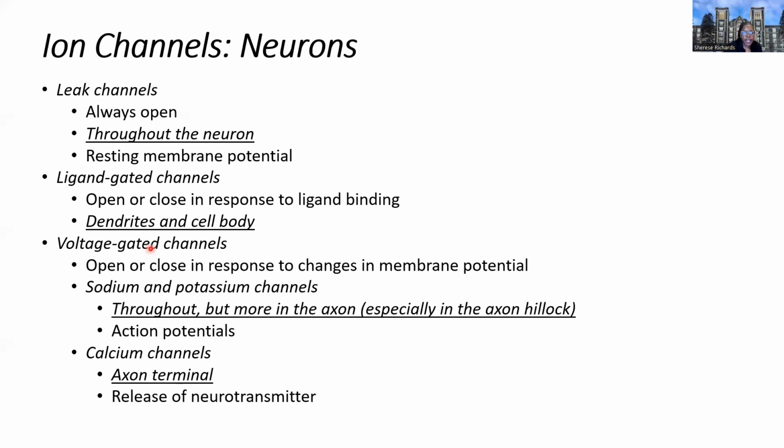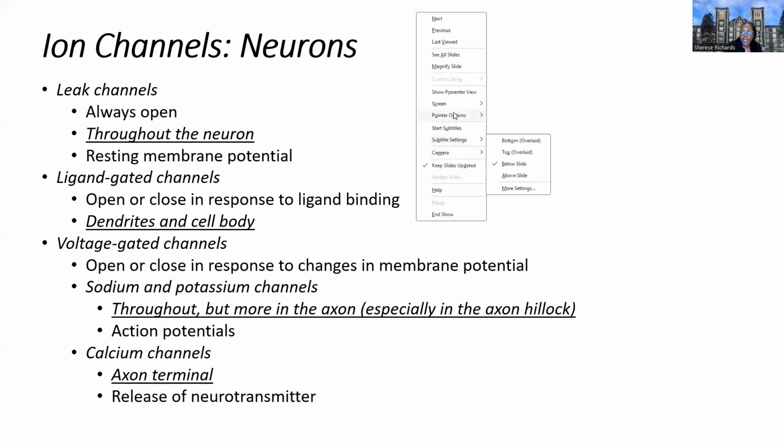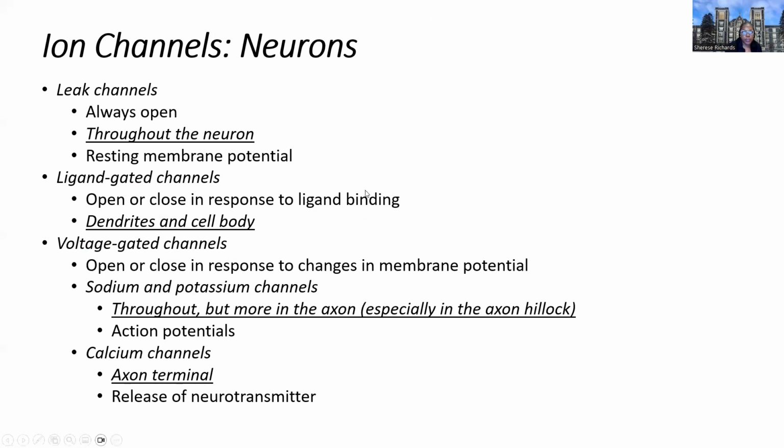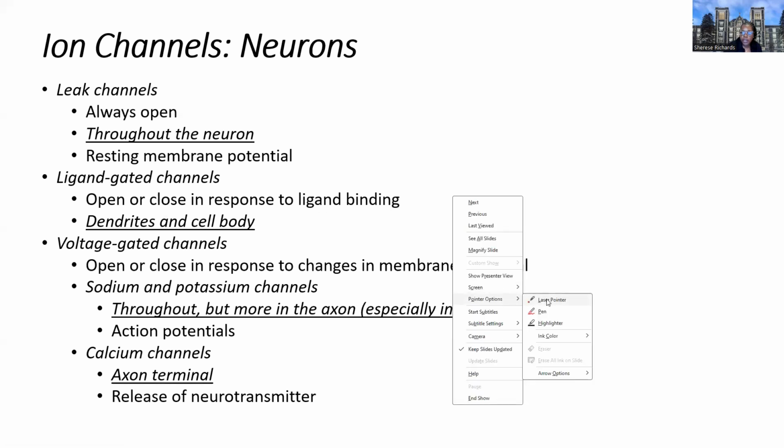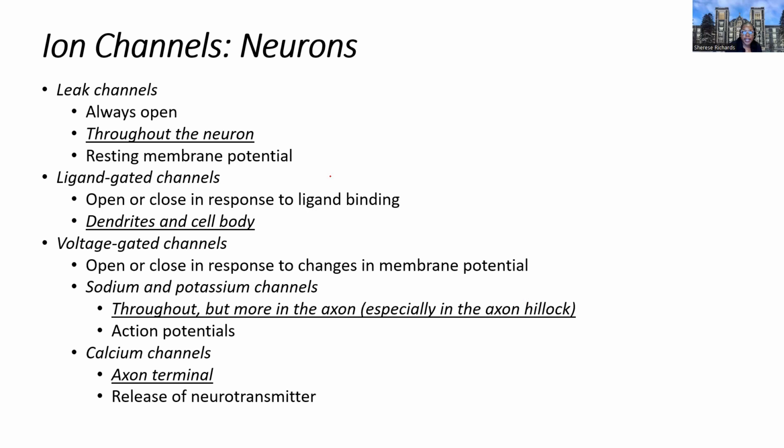Then we have voltage-gated channels. These are the most important with respect to the action potential. The voltage-gated channels are going to pick up the signal if we do get to threshold. So if the membrane potential gets to -55, then the voltage-gated channels are opened up. That's what we mean by voltage-gated here.